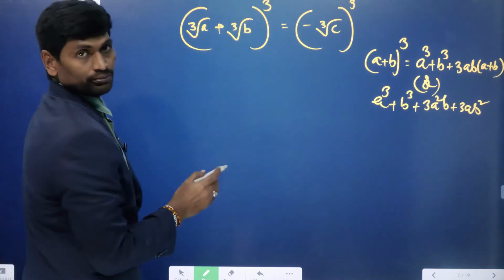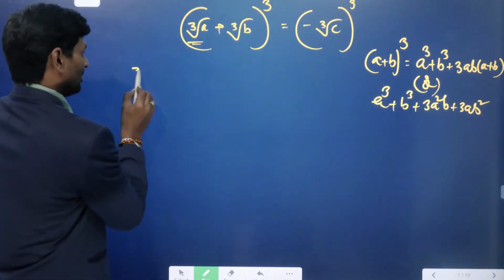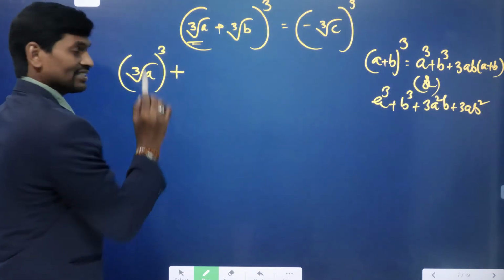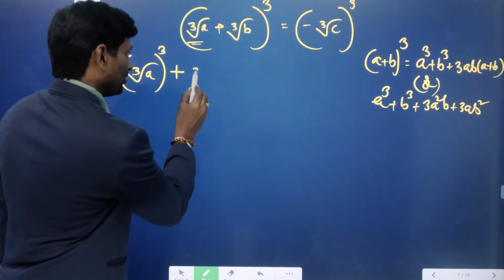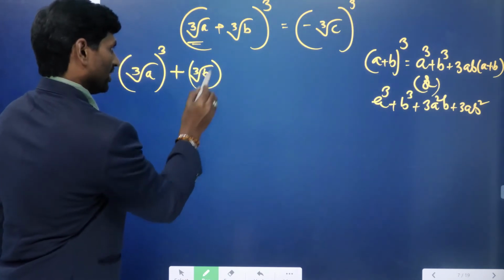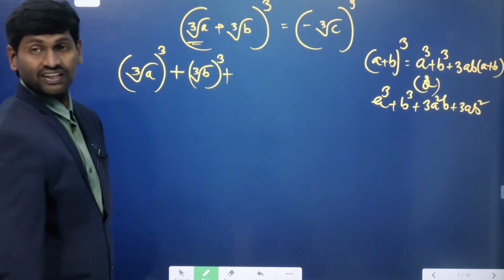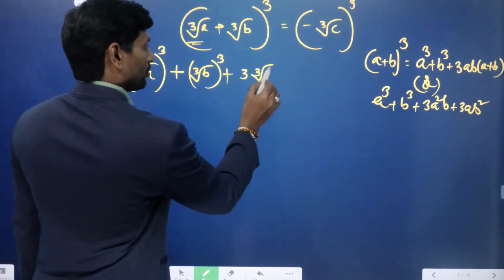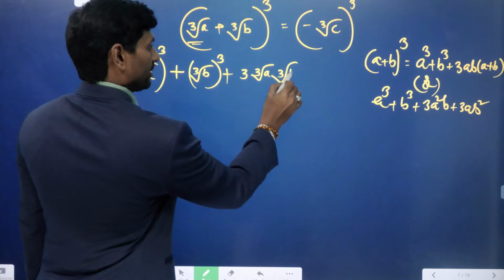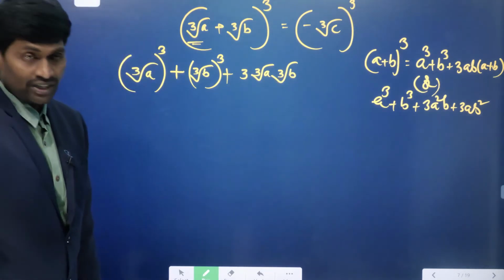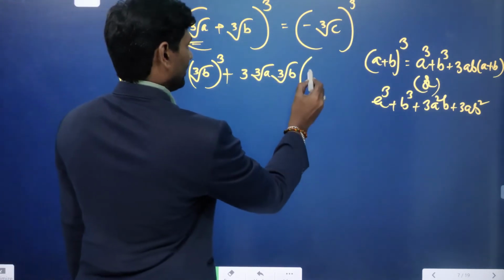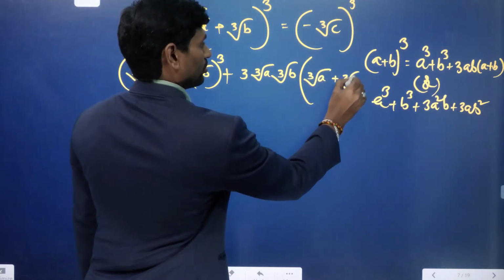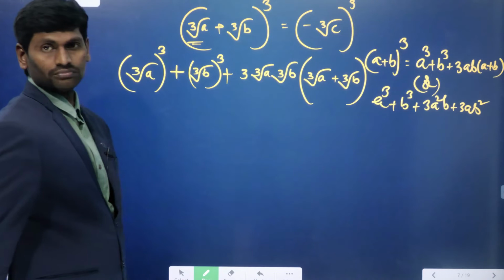(a plus b) whole cube. A value is cube root of a, cube. Plus b cube, b value cube root of b, whole cube. A cube plus b cube plus 3ab, 3 into cube root of a into cube root of b, 3ab into (a plus b). A plus b means cube root of a plus cube root of b. Okay?